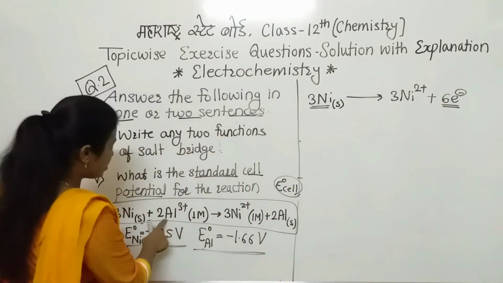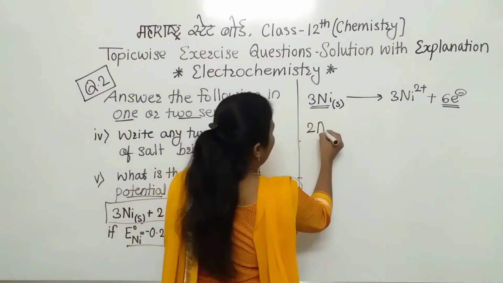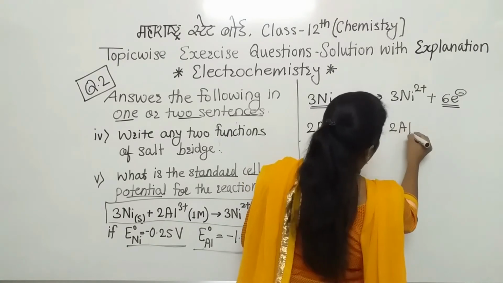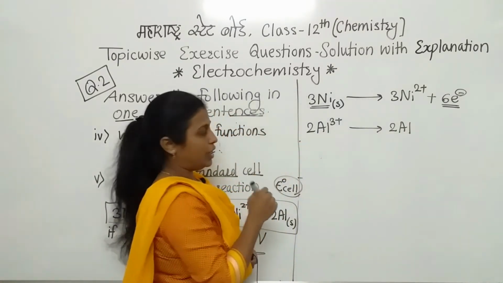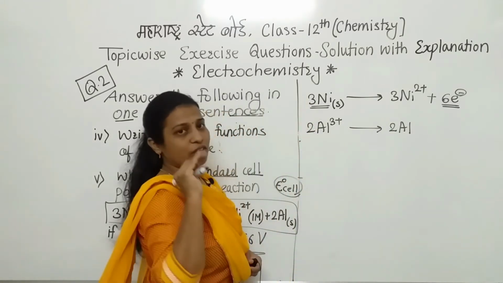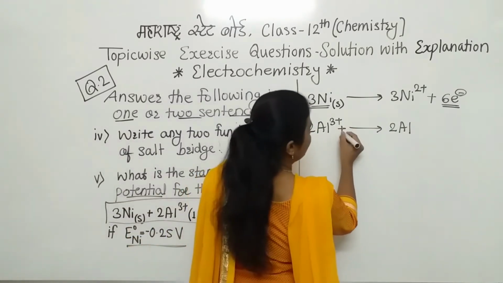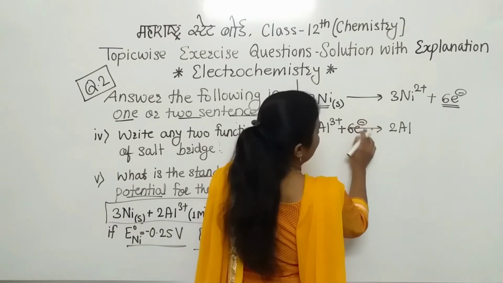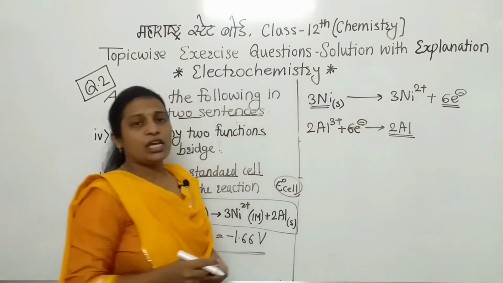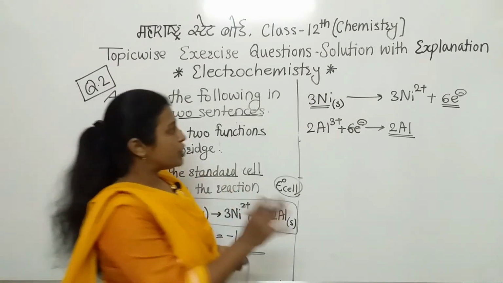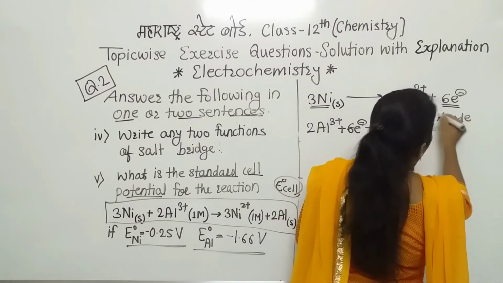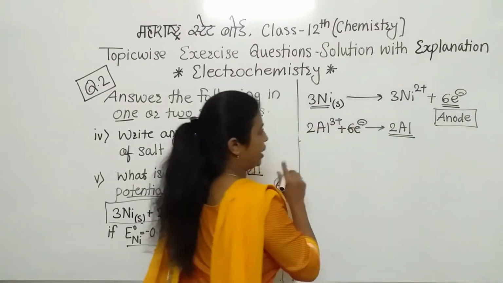Next, there is a conversion of 2Al 3 plus to 2Al, which means there is a gain of electrons. How many electrons are gained? See, for 1 Al there is a gain of 3 electrons. 2 Al are there, so there is a gain of 6 electrons, and after the gain of electrons, 2 Al is formed. So here, a loss of electrons means this reaction takes place at the anode, that is the oxidation reaction.